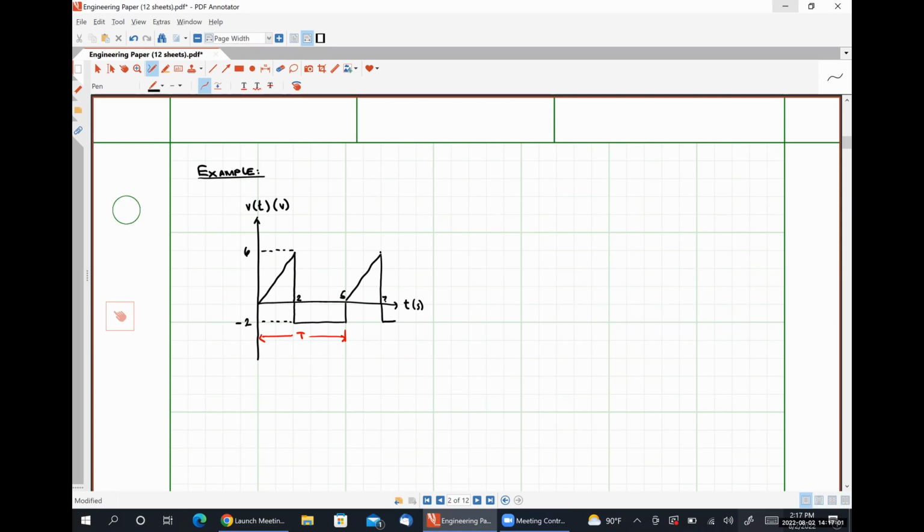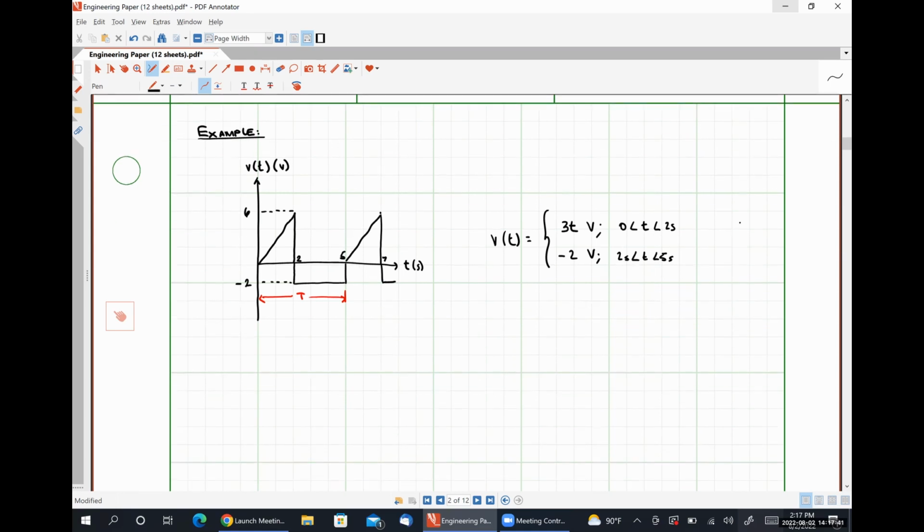So as a piecewise function, we could say that this voltage waveform is mathematically described as 3t volts from 0 less than lowercase t less than 2 seconds, and it looks like -2 volts for 2 seconds less than t less than 5 seconds. And then this repeats itself over and over and over again.